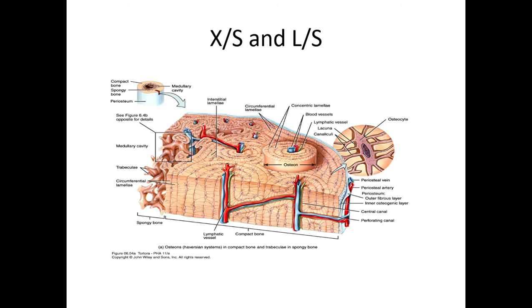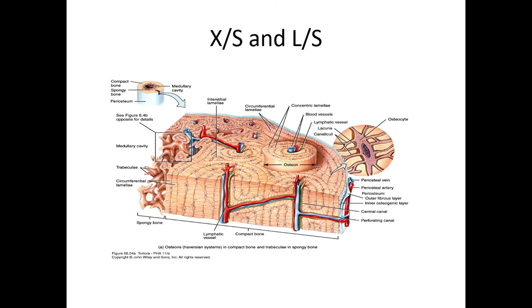So if you are asked what are the different tubules found in a bone tissue, we have the Haversian canal, the Volkmann's canal, and the canaliculi.